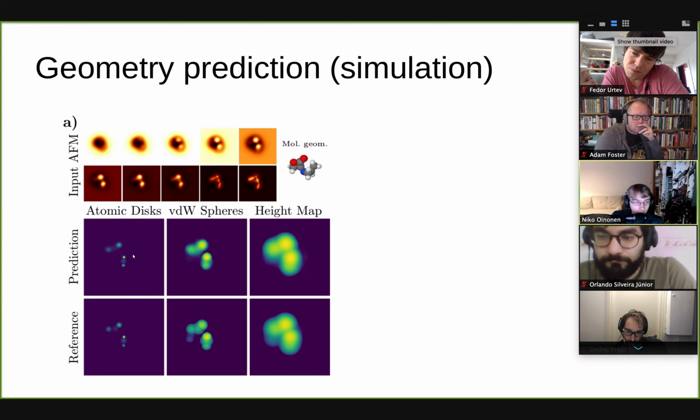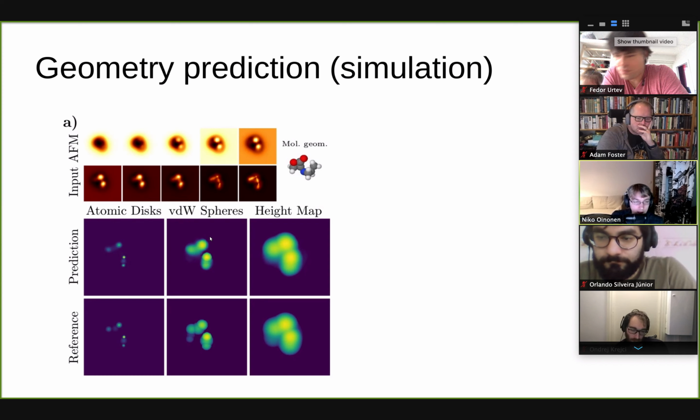Overall, we could say that the prediction is very close to the reference in all of the cases. The overall shape is correct, and the brightness contrast is very close to correct.